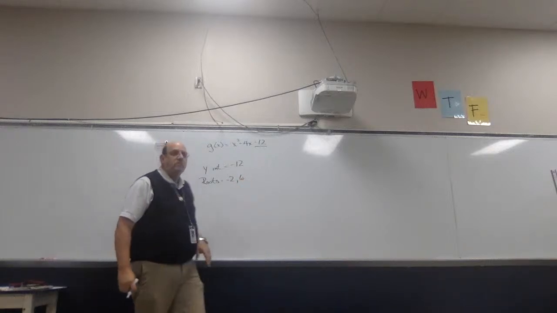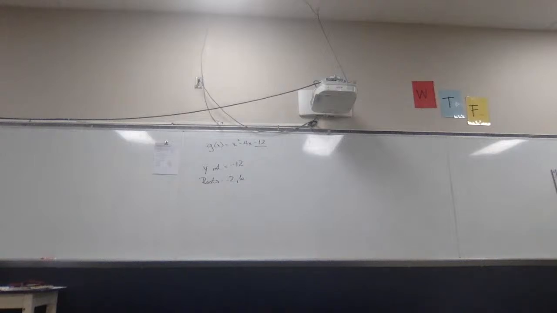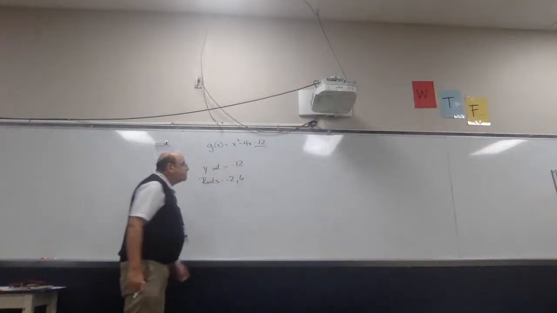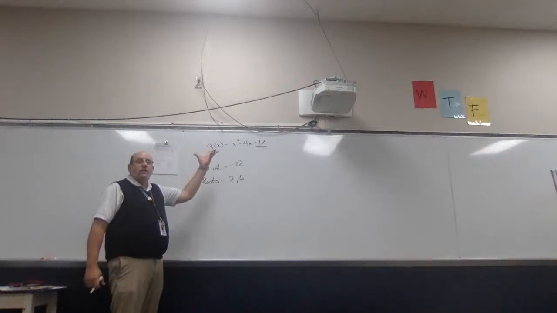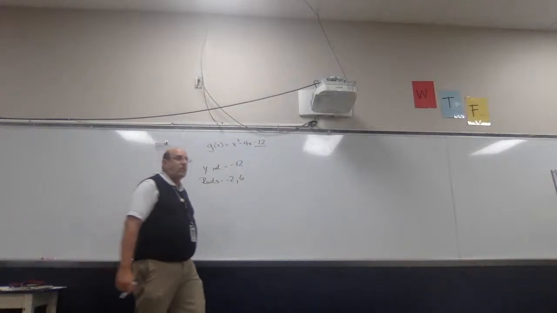Looks about right. Does that make sense? Yes, sir. -2 times 6 gives me -12. But it's the other way around, it's -6 and 2. When you factor it and then solve it to find the roots, that's what you got, right?